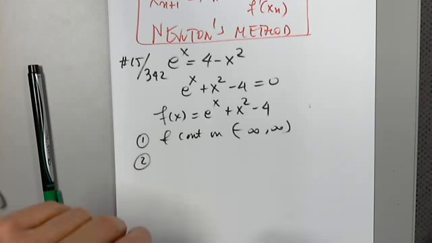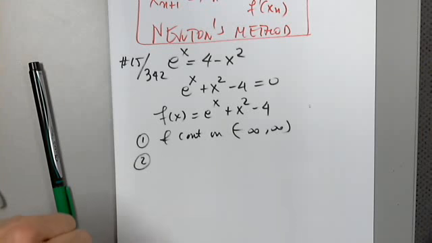Number 2, I have to find an interval. The interval is not given to us. So I have to put this function in the graphing calculator and give it some numbers. So in y equals, clear. It's e to the x plus x squared and minus 4.